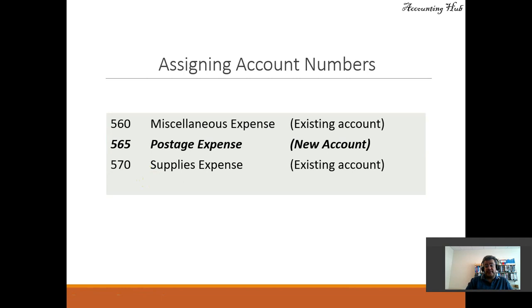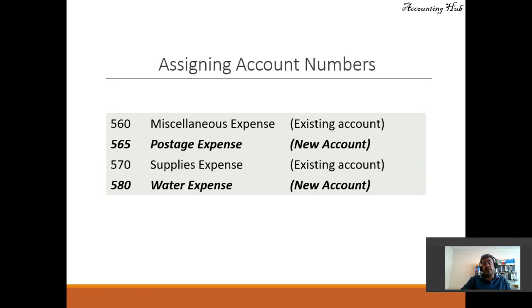If we are working with software, the software arranges it in the correct order by numbers. If we are doing it manually, we need to insert rows and so on. So we need to keep track of that. And then 580 water expense, and so on.